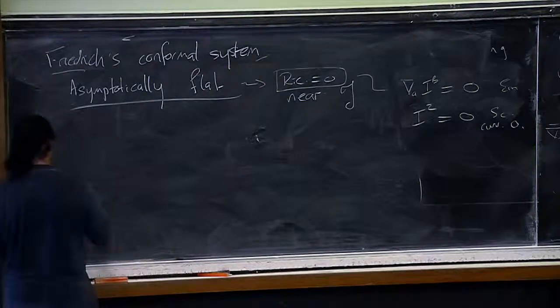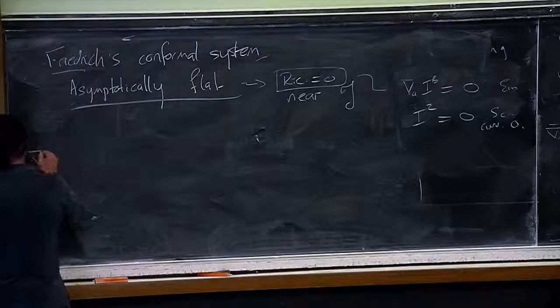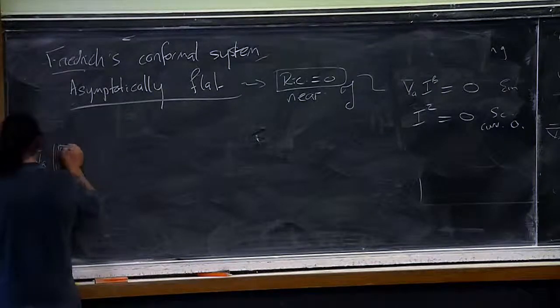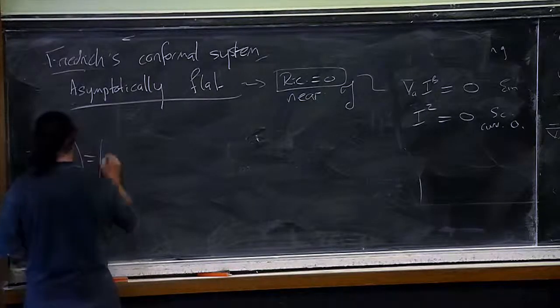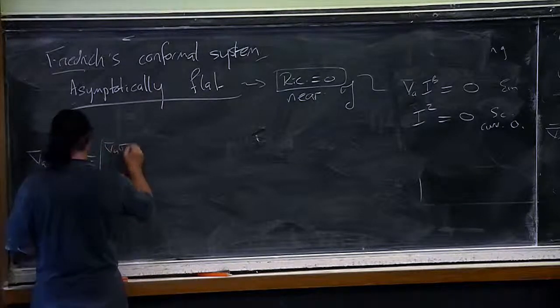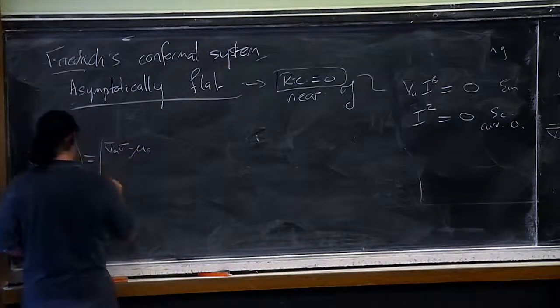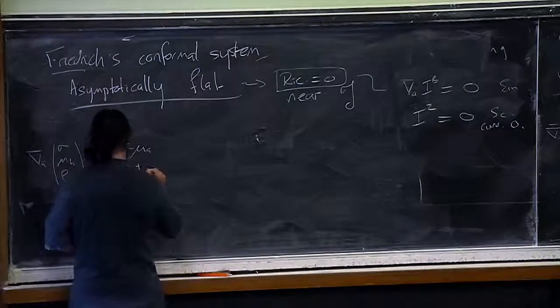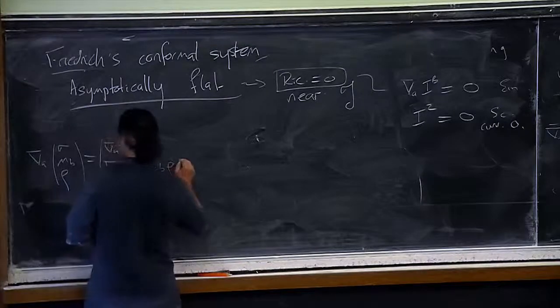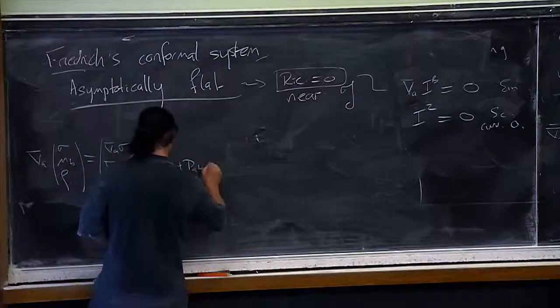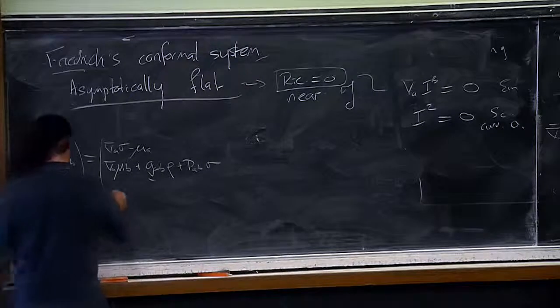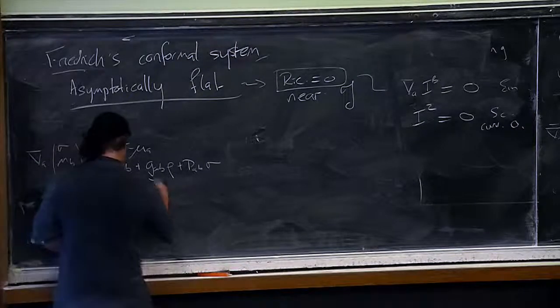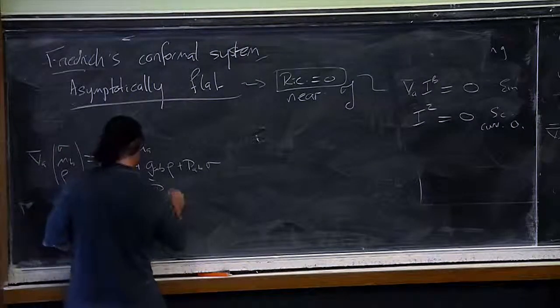Okay, well, remember how the tractor connection looks. So you have sigma, mu, rho. The tractor connection looked like this: grad A sigma minus mu A, grad A mu B plus G_AB rho plus P_AB sigma, grad A rho minus Schouten hooked into mu.